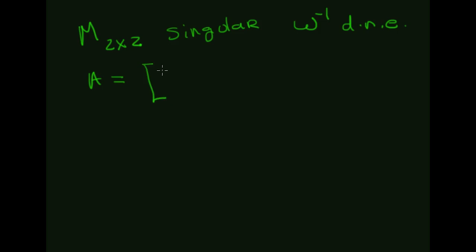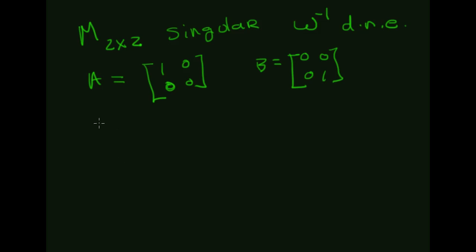So let A be 1, 0, 0, 0. The determinant here is 0. That makes this clearly part of M2 by 2 singular. B, let's make it 0, 0, 0, 1. Also, determinant of 0 makes this a singular matrix.